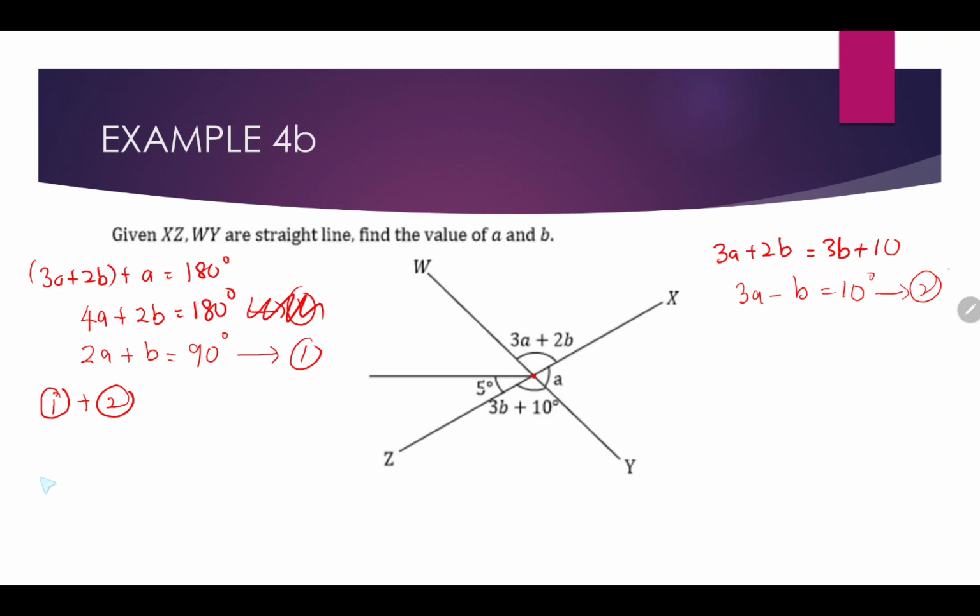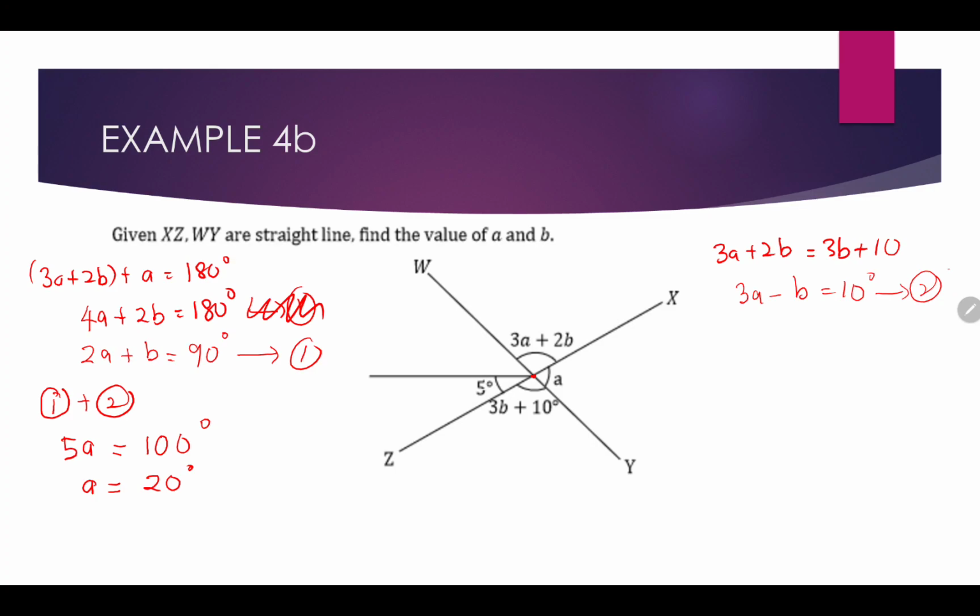So when equation 1 plus equation 2, we got 5a equals 100. Then we can solve for the value of a equals 20 degrees. Okay, and then how to get the value of b?